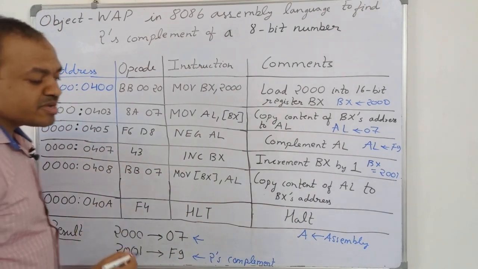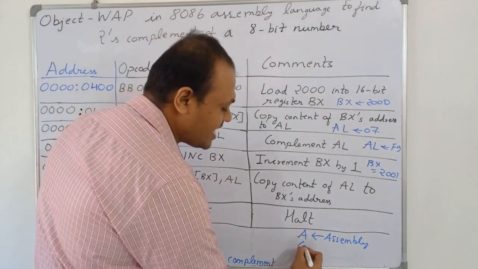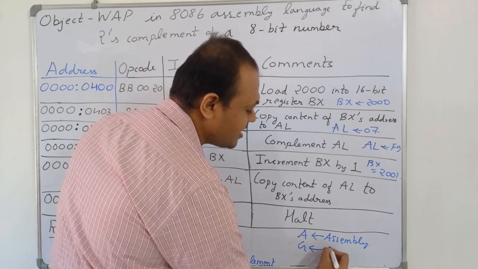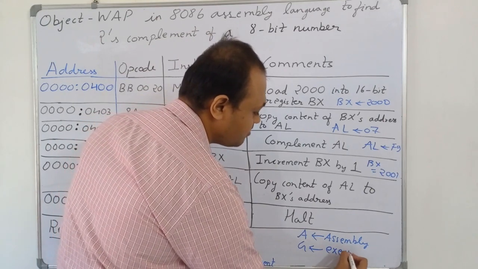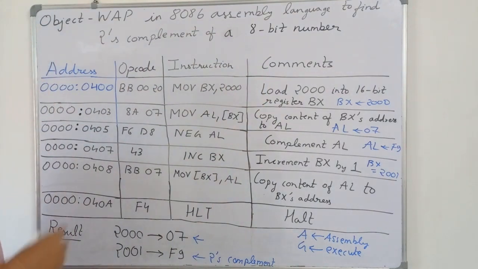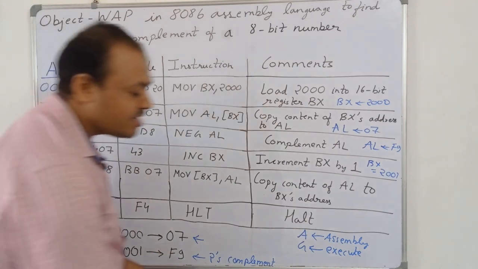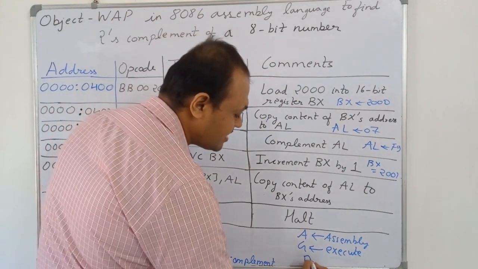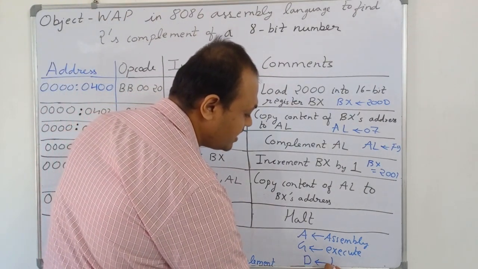When we have to execute the program, we will press the G button, which is used to perform the execution. When we have to enter data into memory, or retrieve data from memory, we will press the D button. D means data.